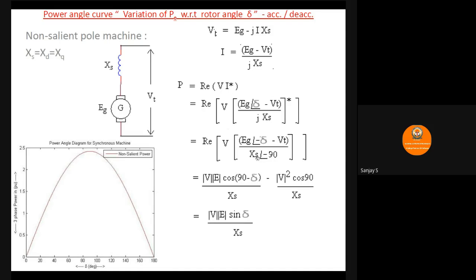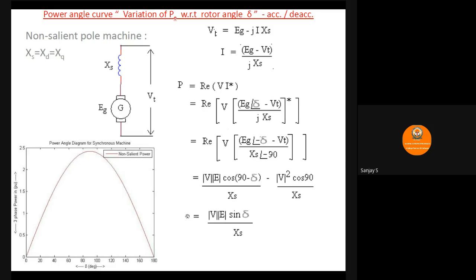So in the next step, if you try to simplify this, you get magnitude of V magnitude of E cos of (90 minus delta) divided by XS minus magnitude of V whole square cos 90 divided by XS. You very well know that cos 90 is 0, so the second term turns out to be 0. You'll be left with VE by XS sin delta.